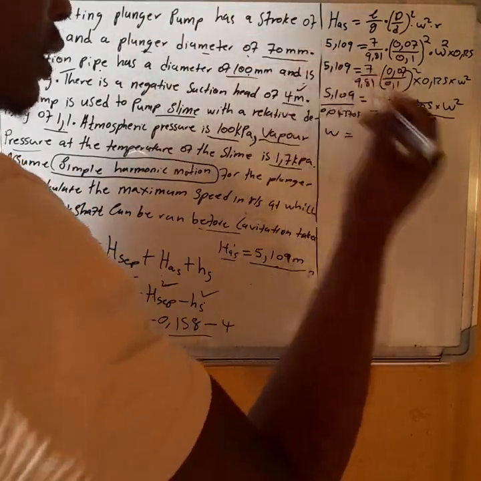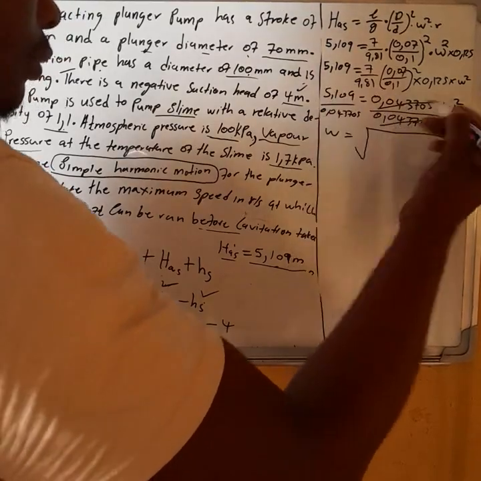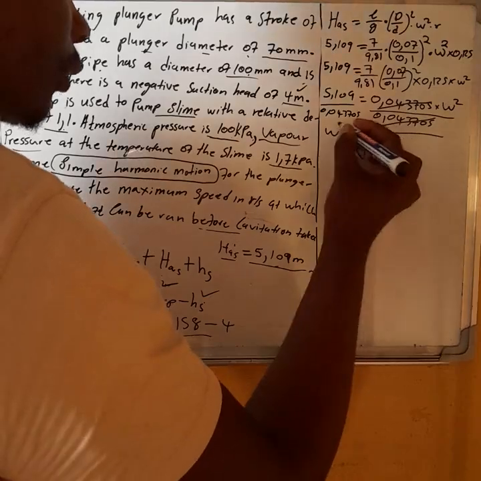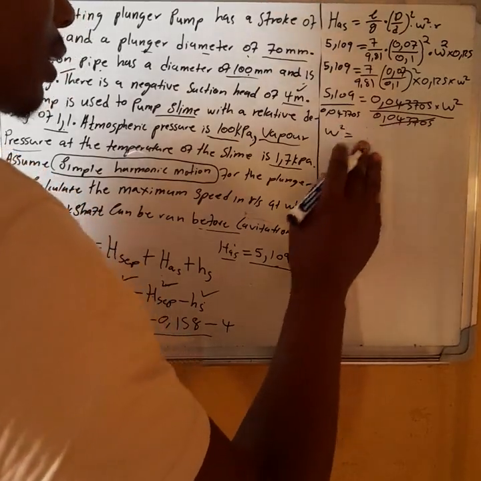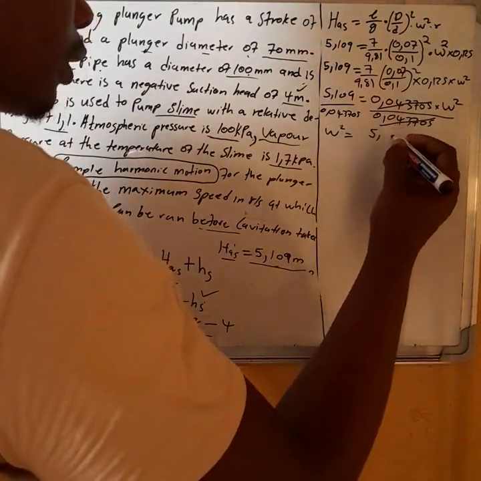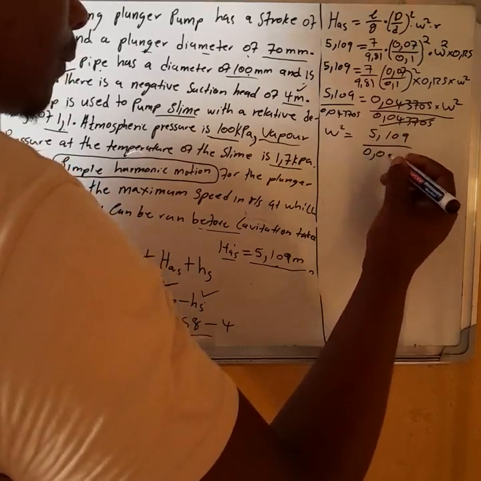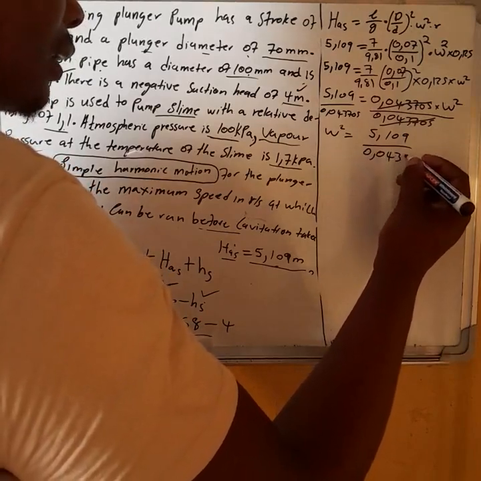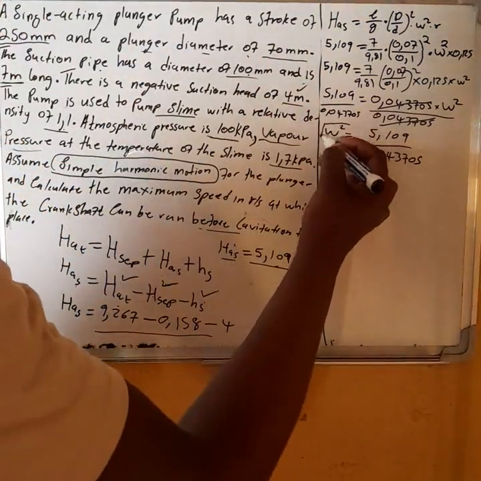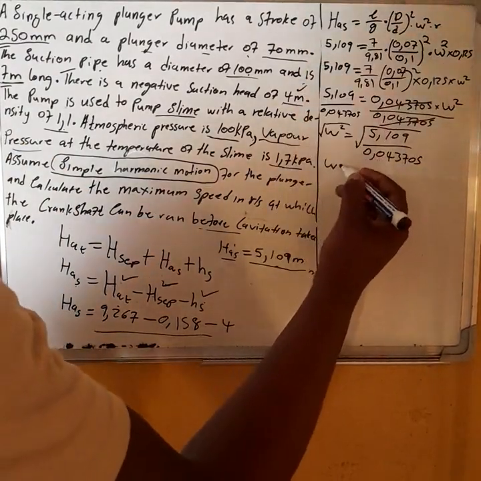Take the square root on both sides, so we are left with the square root of 5.109 over 0.043705, which will be omega.